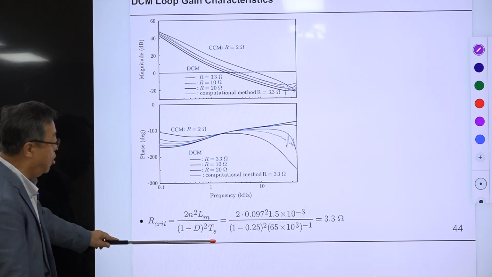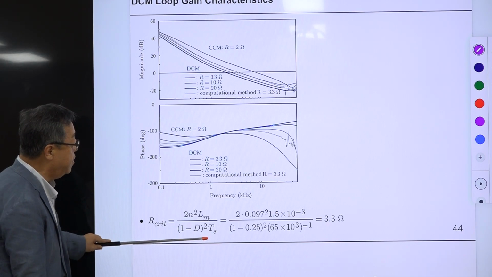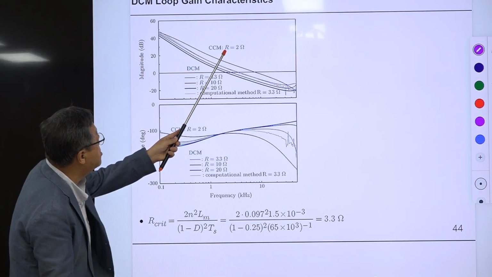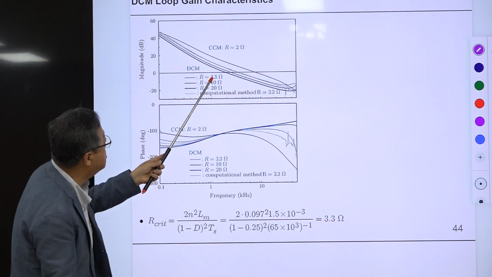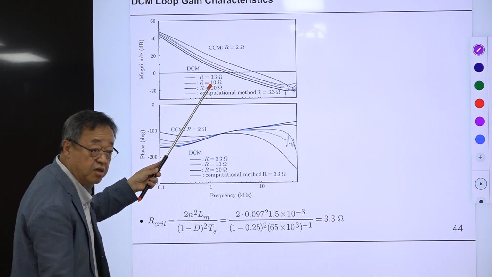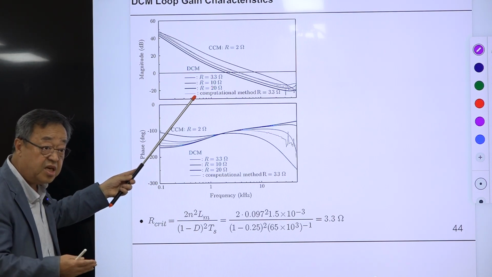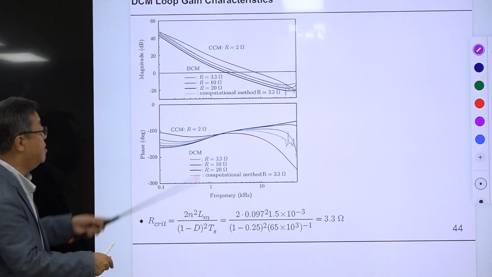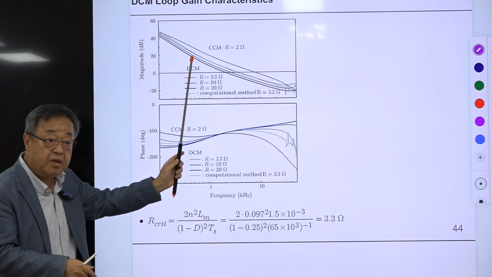For the flyback converter, that is this one, and this value is 3.3 ohm. So this is the CCM and this is the DCM. If R is further increased, load current is further decreasing, so it goes deeper into the DCM. They remain almost the same.